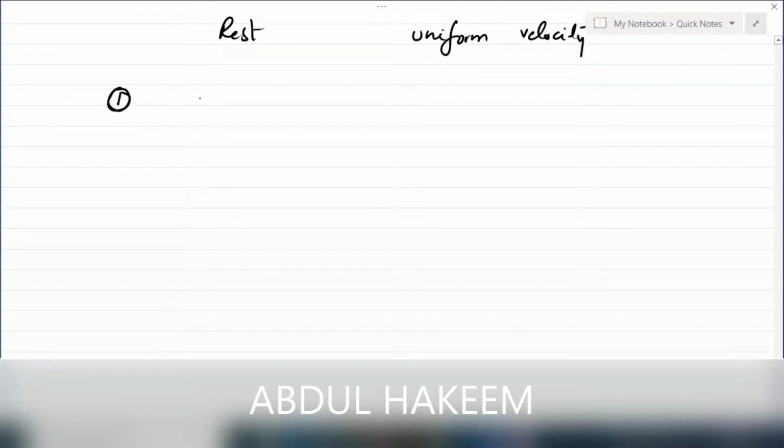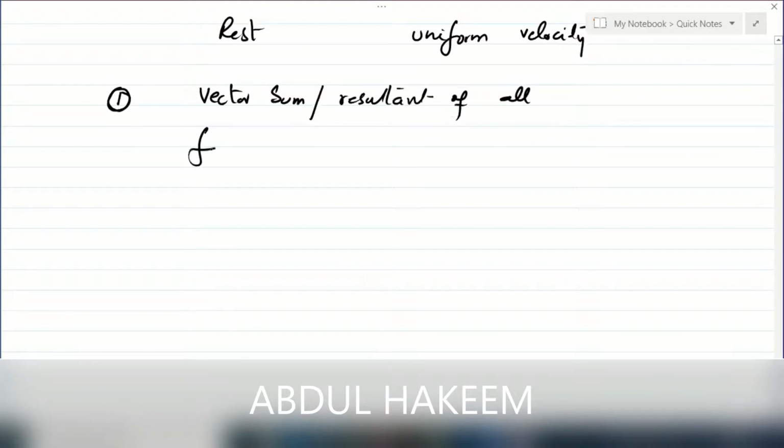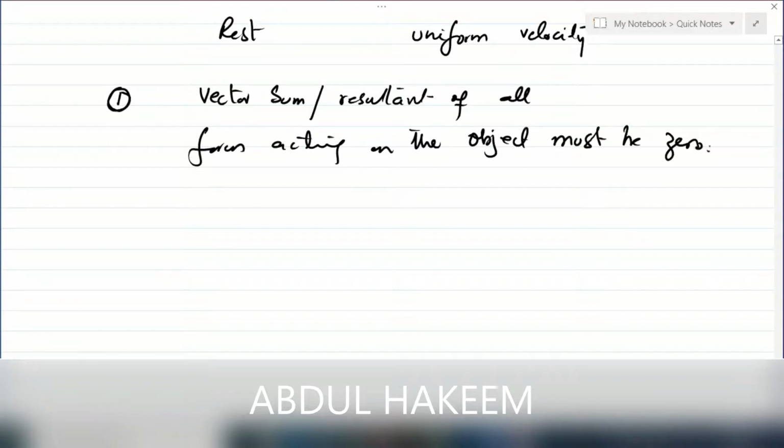But in A level, the first condition which we have to write in the exam paper, number one condition, is that the vector sum, mean resultant, of all forces acting on the object must be zero.